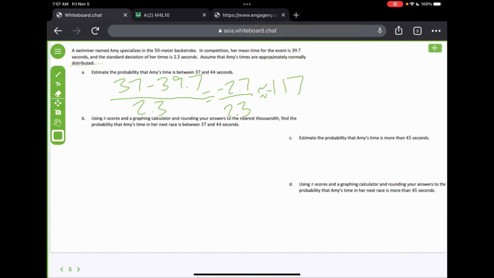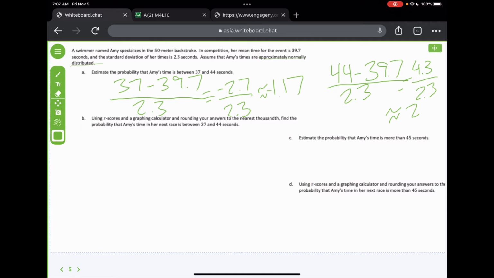Now, if we go to 44, because that's the upper end of the range, we're going to subtract the mean, divide by the 2.3, and this is going to equal 4.3 over 2.3, which is about 2. We're just rounding it to about 2 there.